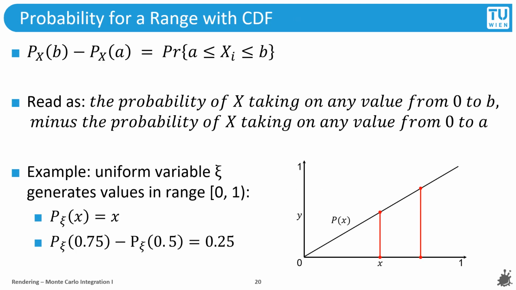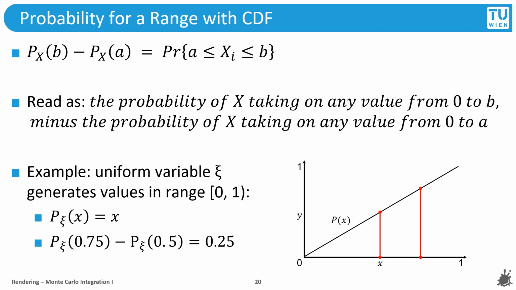And by this definition, we can easily compute the probability of a random variable X taking on any value inside an arbitrary range from a to b by computing P_X of b minus P_X of a. And below we see an example. We have a uniform variable in the range from 0 to 1.